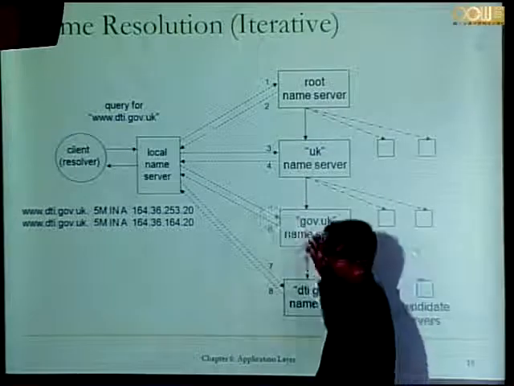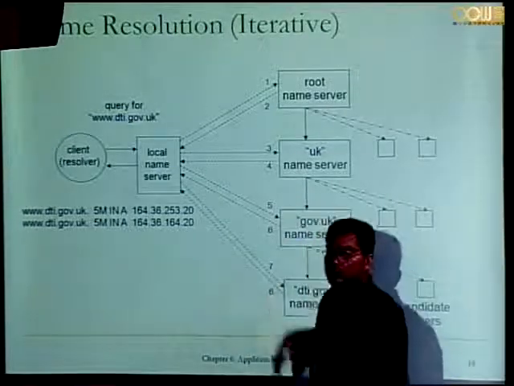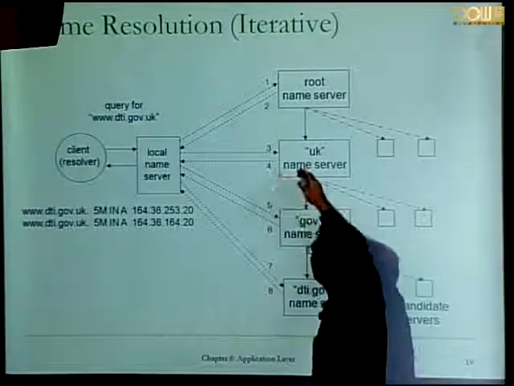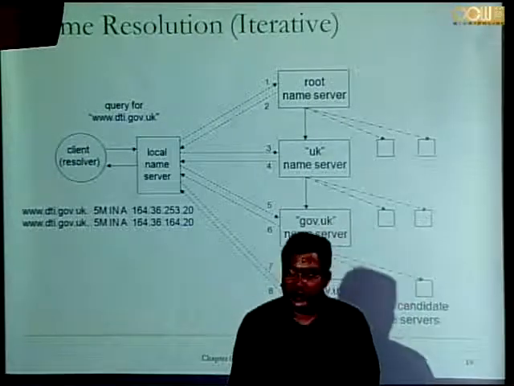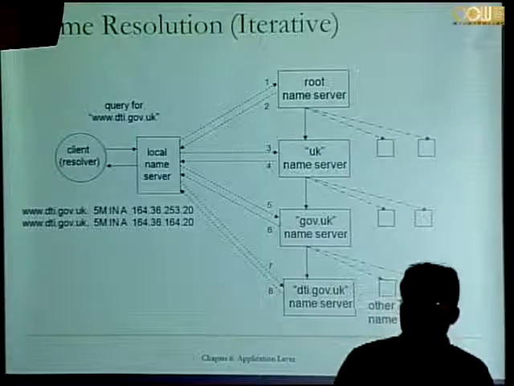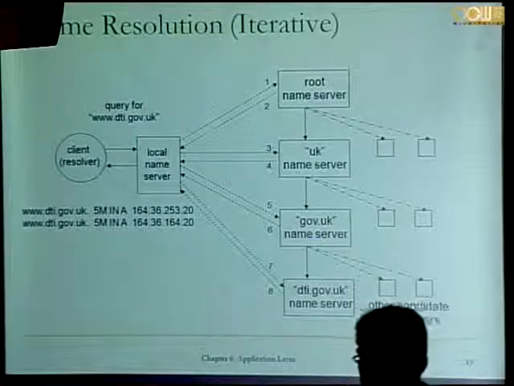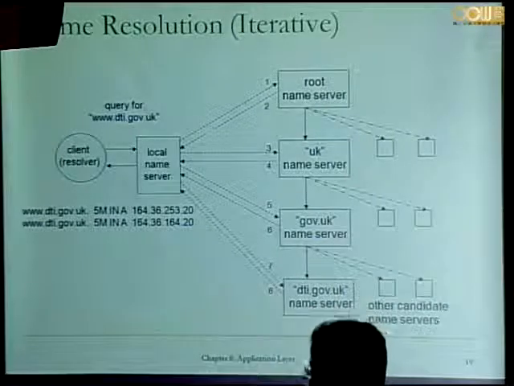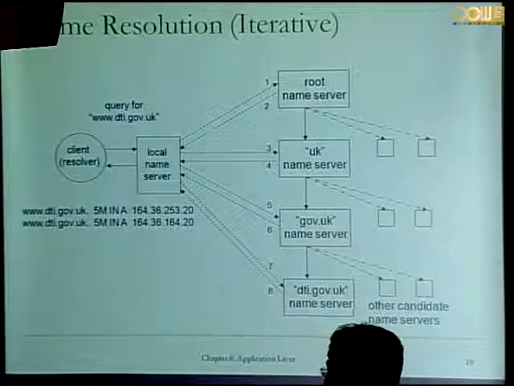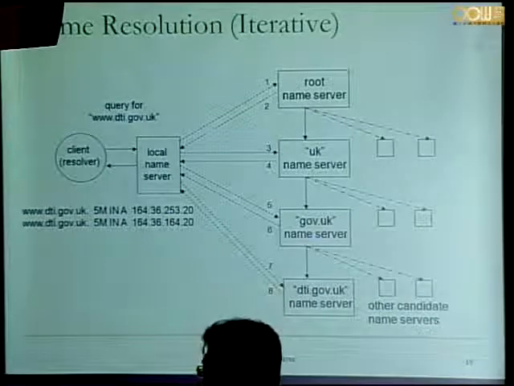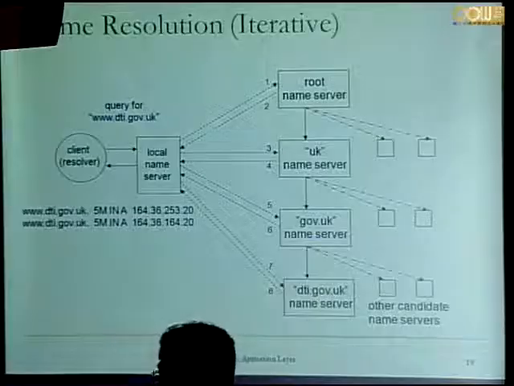They just handle the query and then forget it. I don't memorize anything. I just redirect. So what they do is just redirect the local name server to another server. And after the redirection, they don't memorize anything.